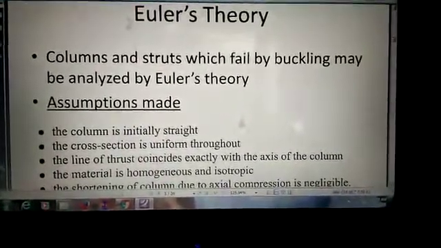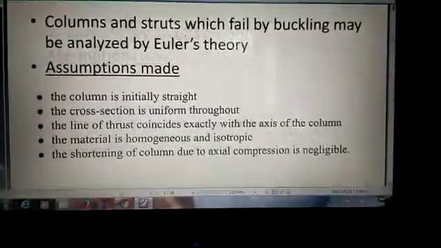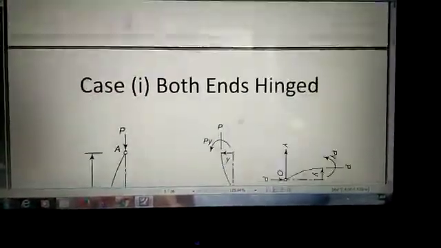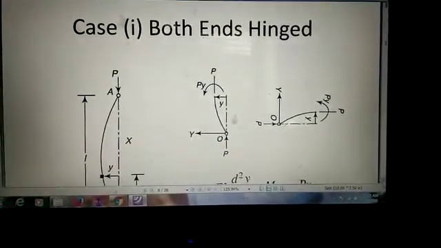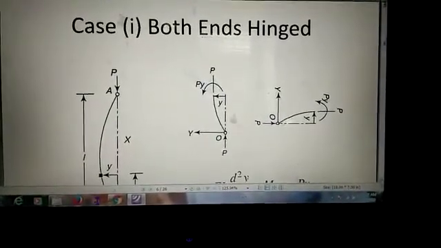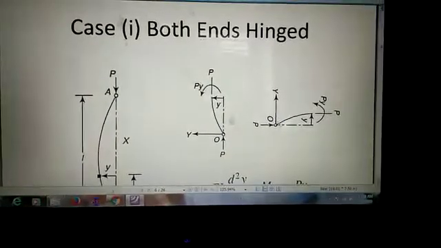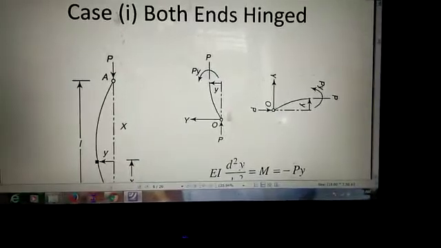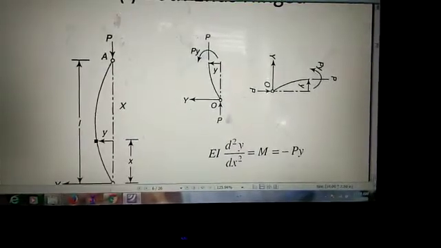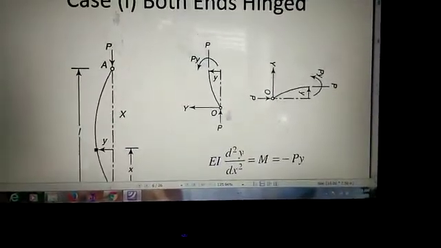And in Euler's theory, we study a column with respect to the ends. There are 4 categories of ends. In the first category, both ends of the column are considered as hinged.